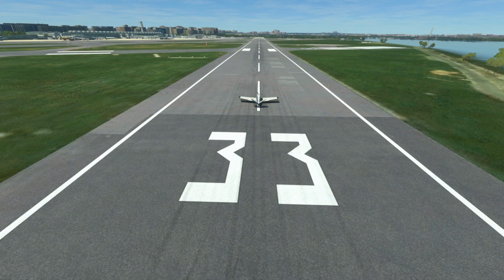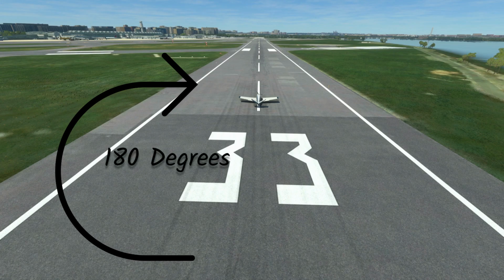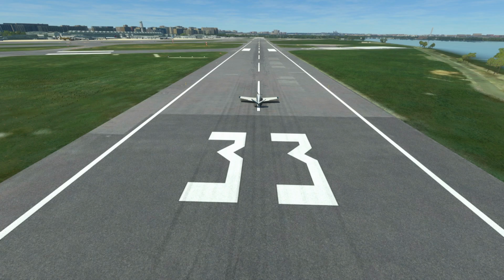Also, the opposite end of the runway, or the direction you are facing, is going to be a 180-degree difference than the number here. So if this is 33, then subtract 18, because we're subtracting 180 degrees, or adding, either way, because it goes around in a circle, it would be heading 150.